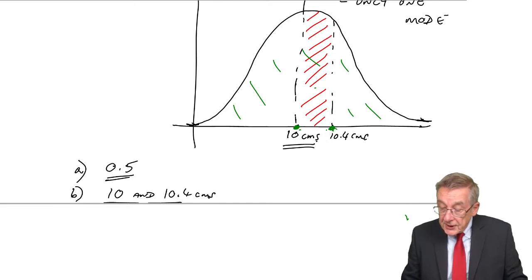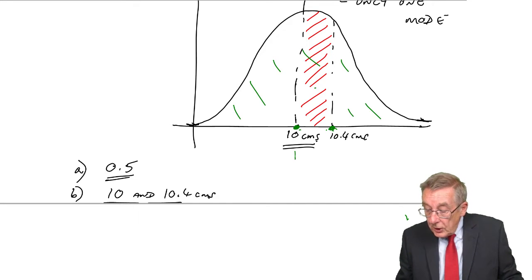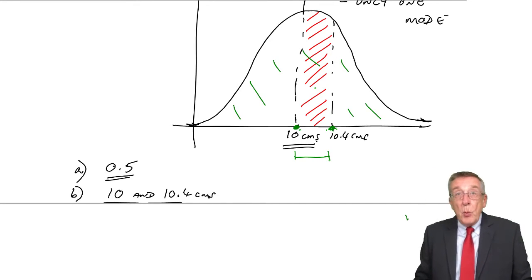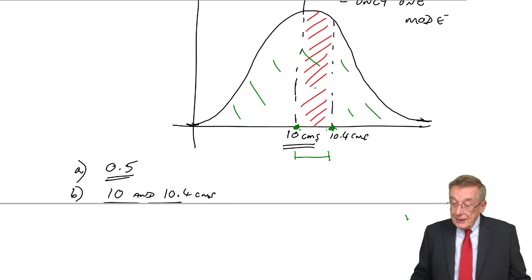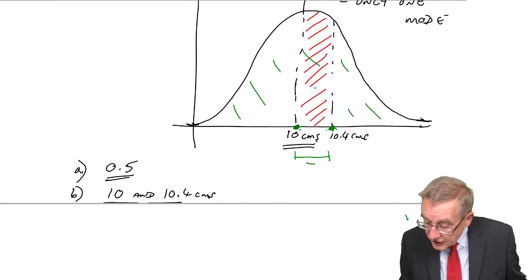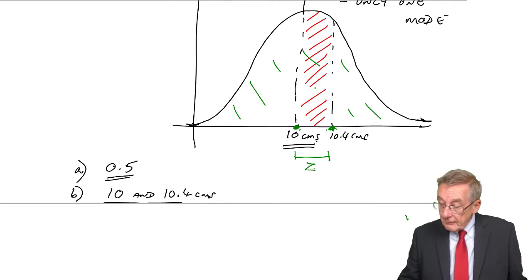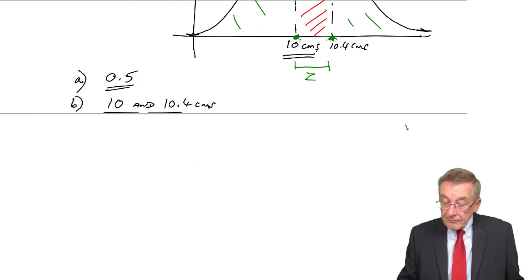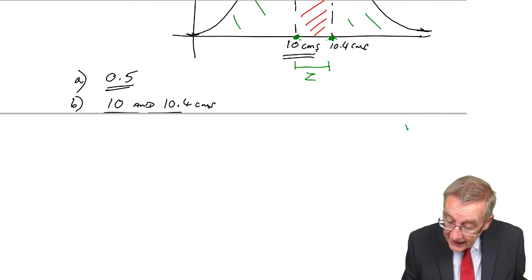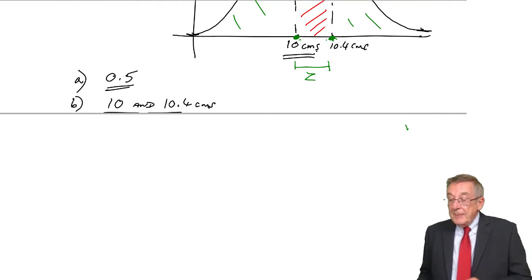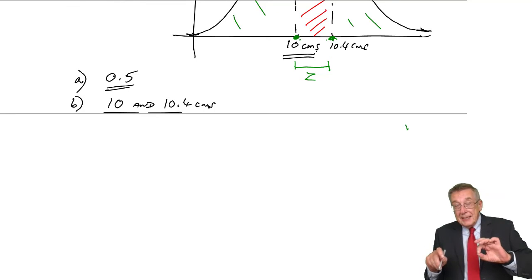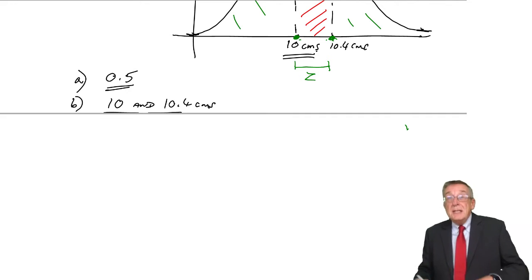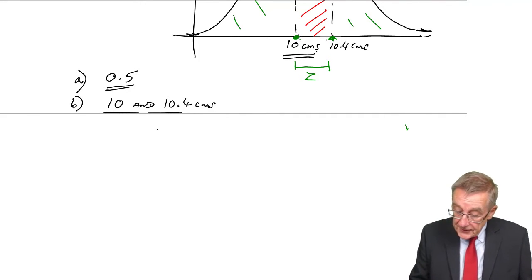And so when we use the tables, we look up the distance away from the mean in numbers of standard deviations. We call this measure Z. And what Z is, again, it's the difference from the average, the mean, in numbers of standard deviations.